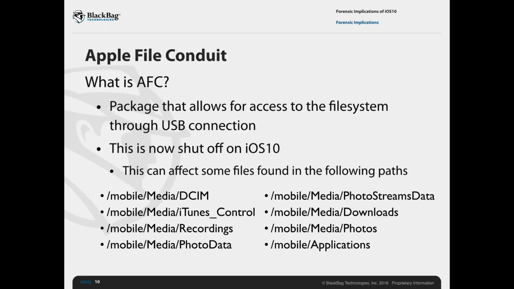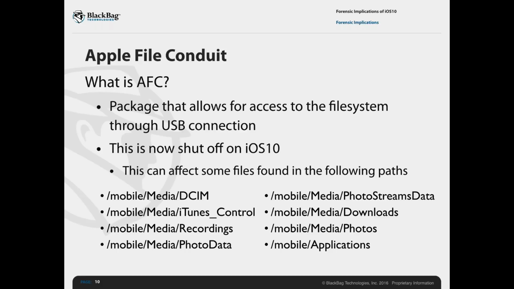What this does for us is it affects some files that are found in a bunch of paths. Most of these paths are found within the media domain of the device. So you're going to see media DCIM, iTunes control, recordings, photo data, photo streams, downloads, photos, and even mobile applications, where we're going to see fewer files gathered from these particular directories.